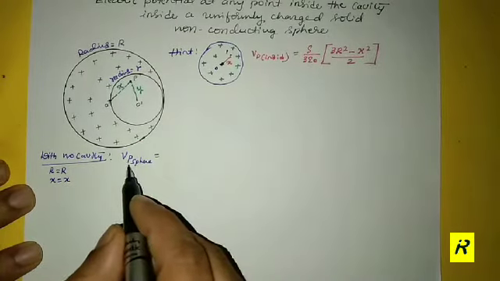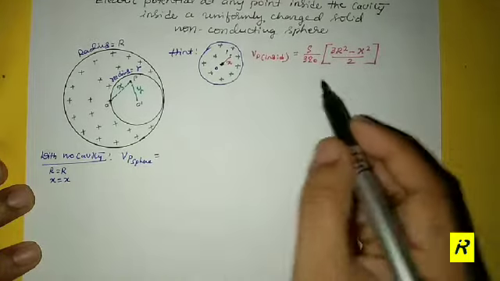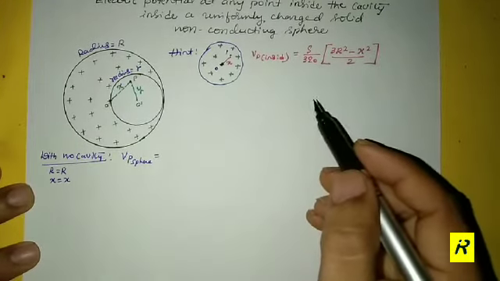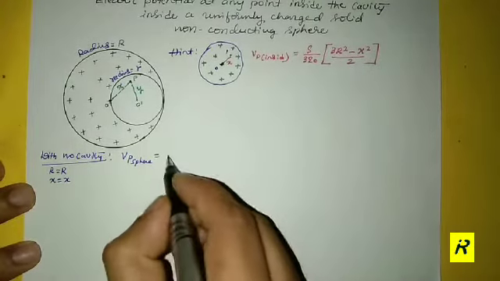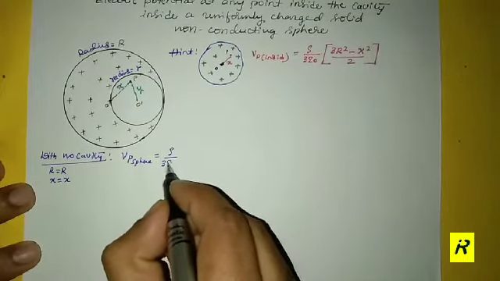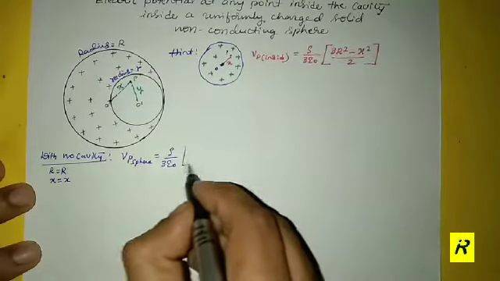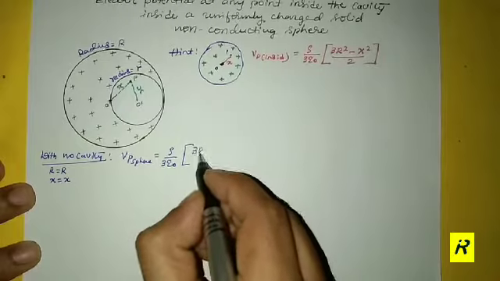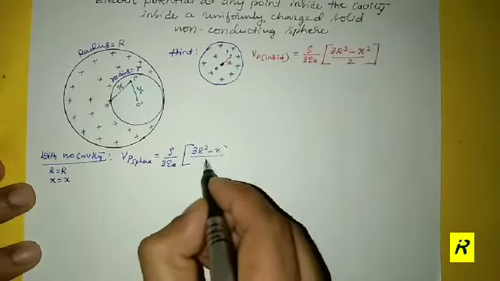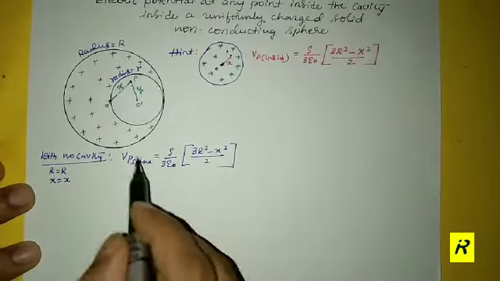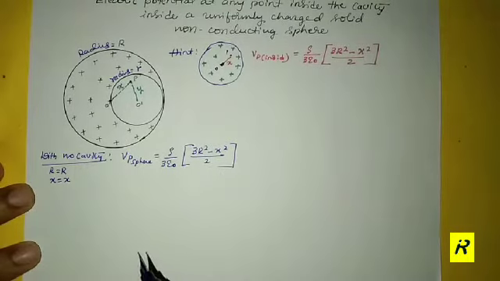So Vp due to the sphere is given by the same equation, rho divided by 3 epsilon O, and inside the bracket 3R square minus x square divided by 2. This is due to the complete sphere.